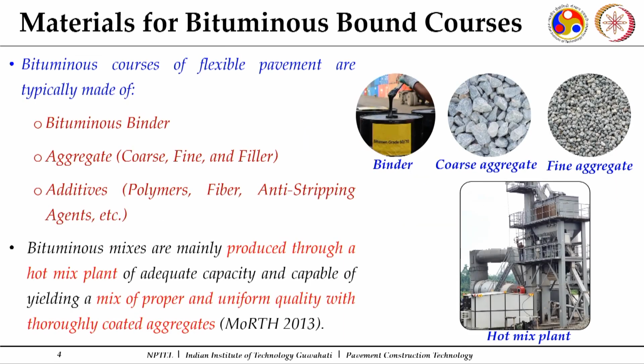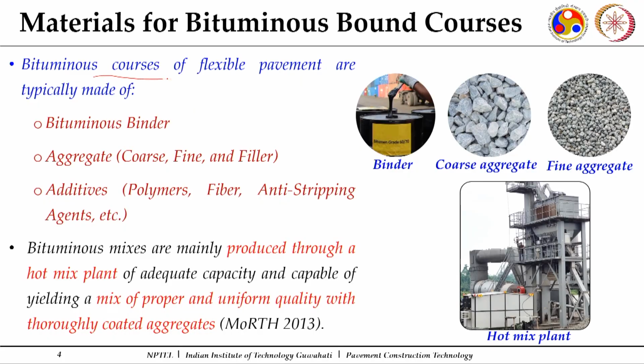Now, when we talk about bituminous-bound courses, automatically the term bitumen comes. These bituminous-bound mixes will have a combination of the bitumen and aggregates. These are the two major components, and there may be other classes if we are putting some additives into it. So, we can basically classify the composition of bituminous mixes of flexible pavements into three individual constituents.